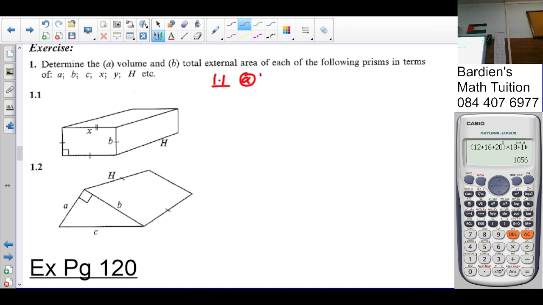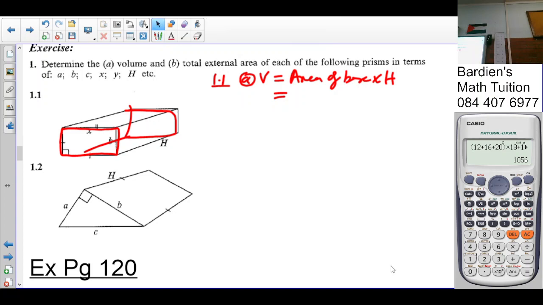A, the volume. How do you calculate volume? Area of base times height. So if you look at the shape here, let's make that your base, because on the other side, you all agree it's the same thing that's existing on that side, not so? And capital H will be the depth of the object. So how are you going to calculate the volume?